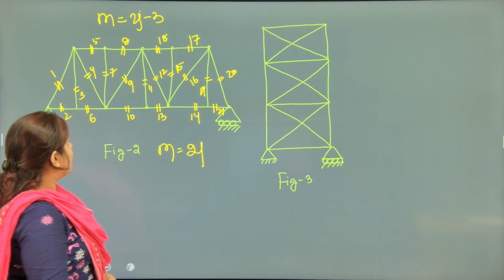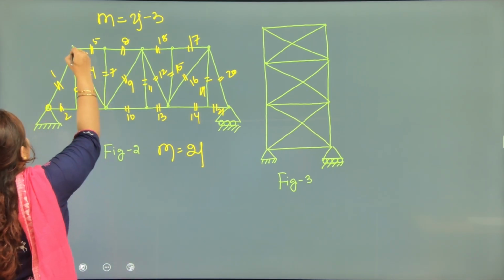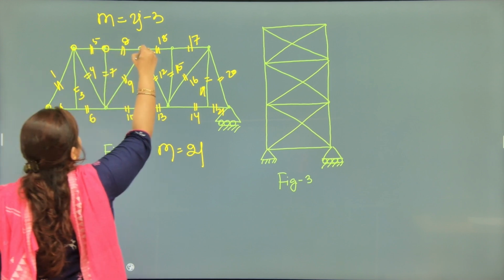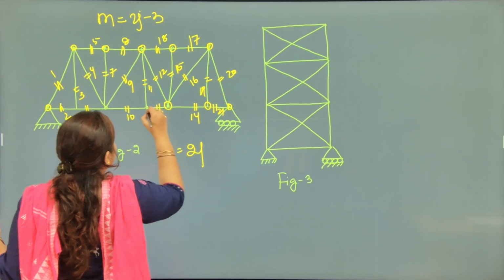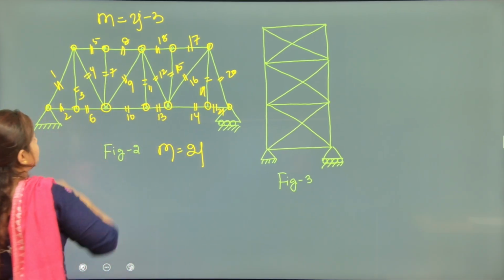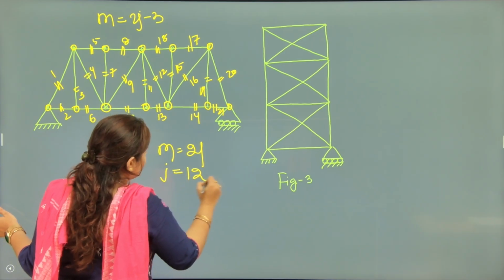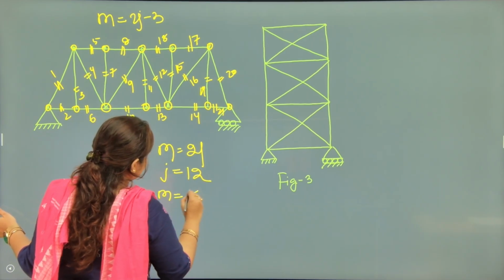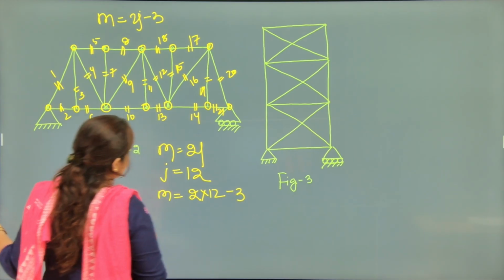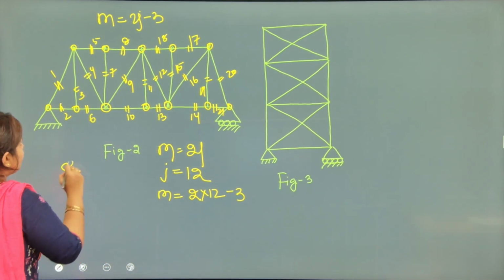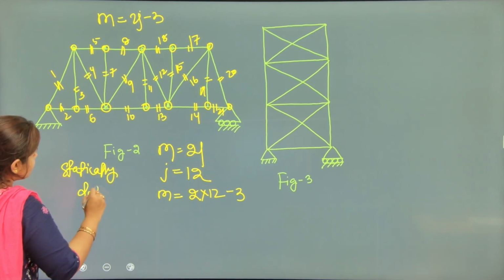And the number of nodes is 1, 2, 3, 4, 6, 7, 8, 9, 10, 11, 12, same as j equals 12. So here also m equals 2j minus 3 is satisfied. That means it is a statically determinate structure.